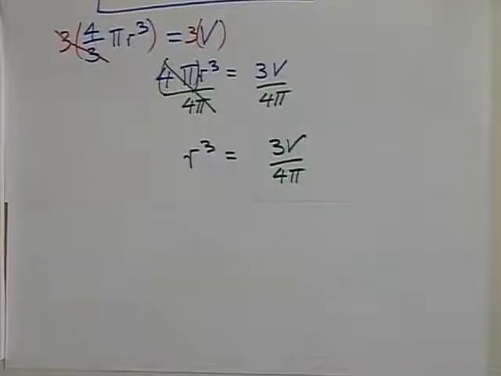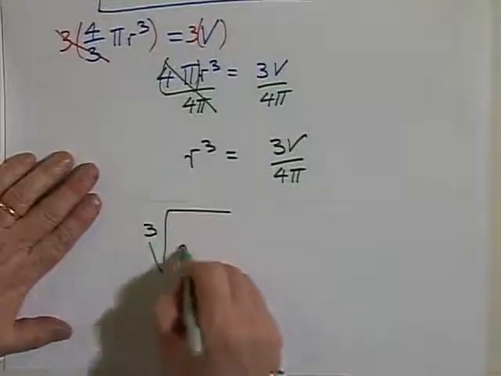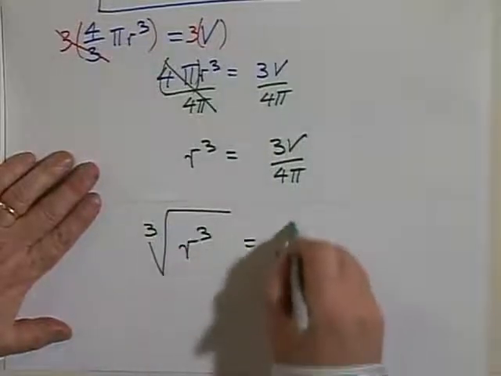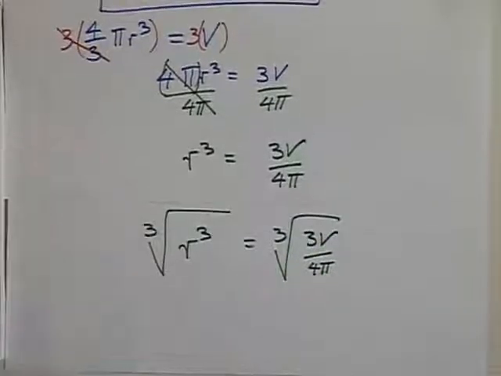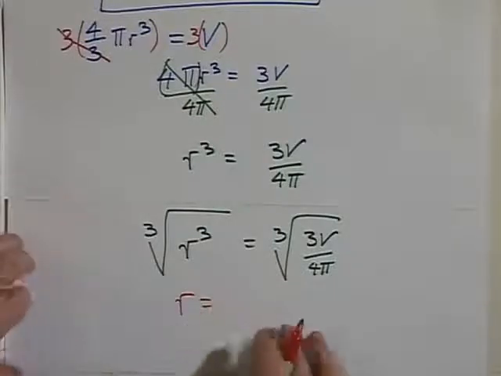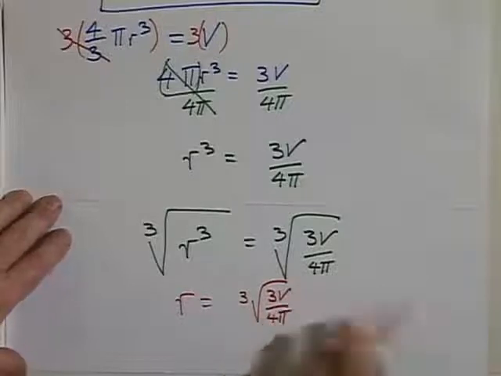What's the sledgehammer that gets rid of a cube for us? On the calculator, it's the cube root, isn't it? So the cube root of r cubed is equal to the cube root of 3V over 4 pi. And what's the cube root of a cube anyway? It's just another way of saying r. r is equal to the cube root of 3V over 4 pi.